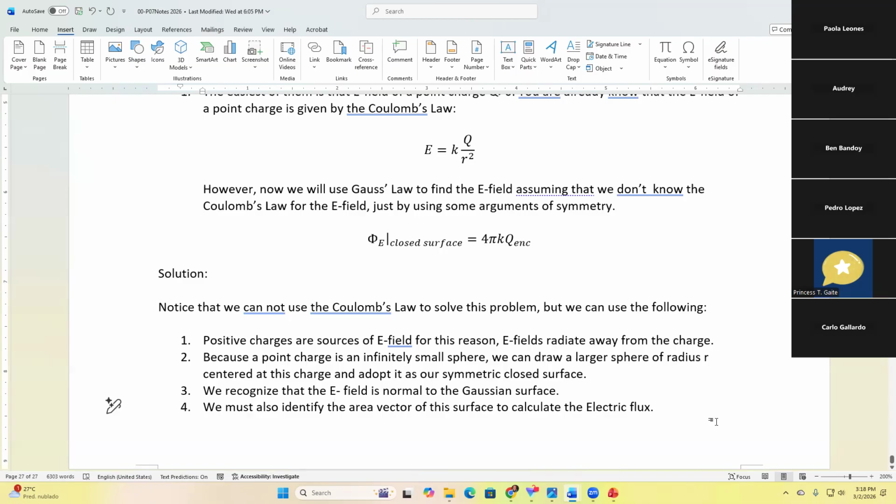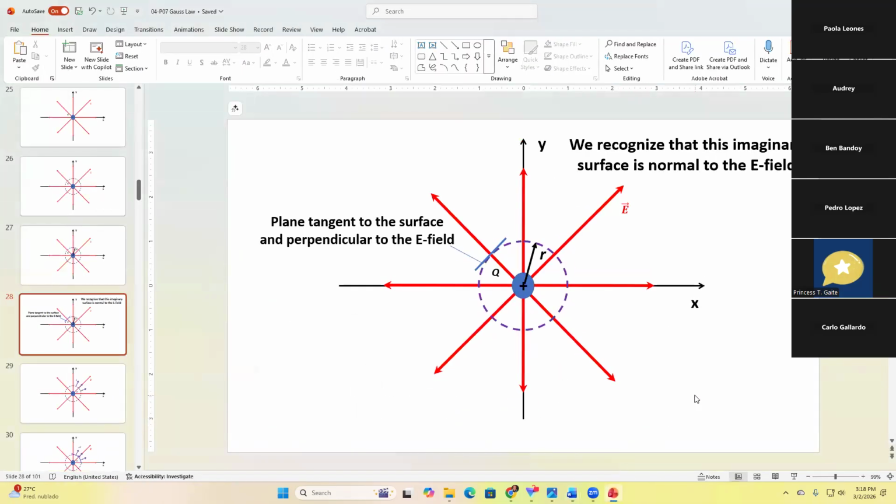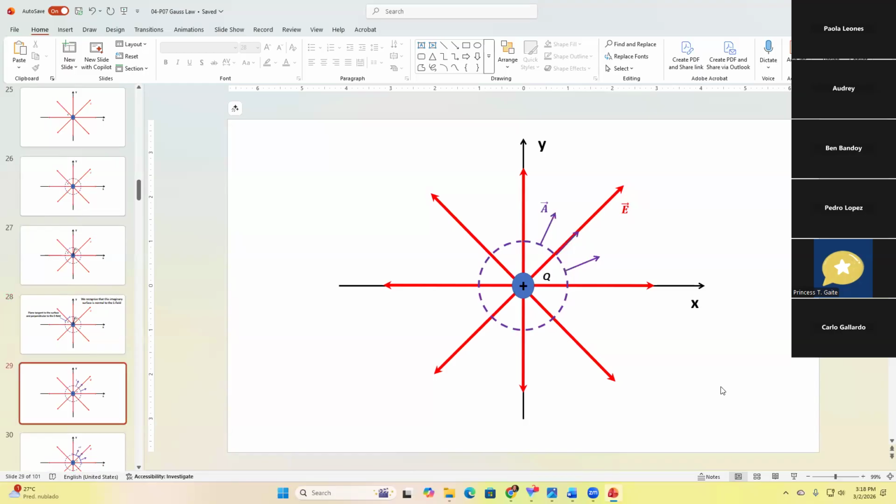The electric flux depends on the area vector. And what we usually do, the area vector is going to be always normal to the surface as well, and pointing away from the curved surface.